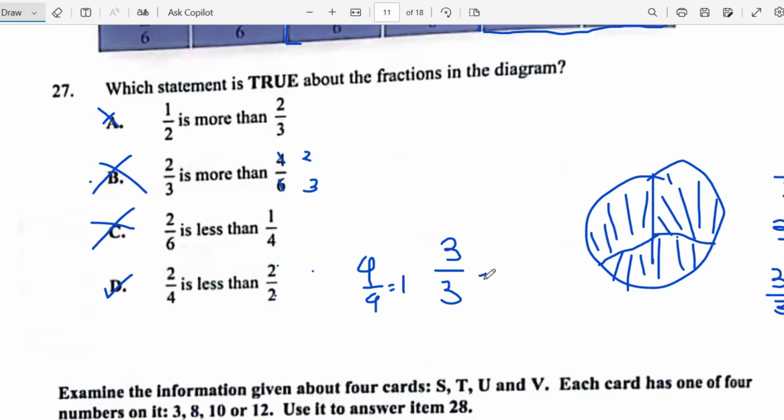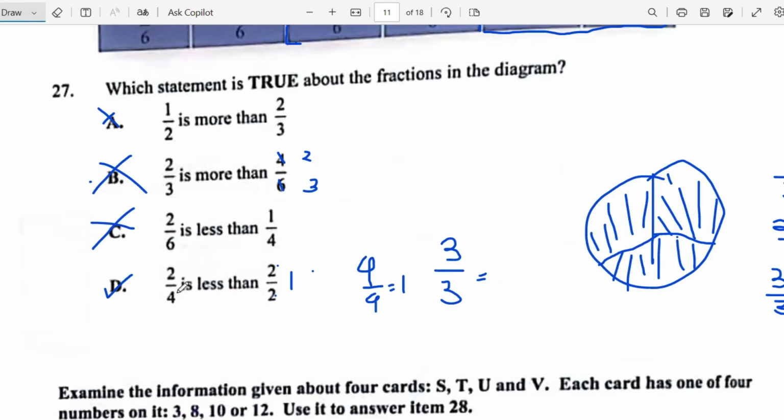And here's the demonstration. If I was to shade one part of the 3, that would have been 1/3. If I shade another part, this would be 2/3. And if I shade another part, this would be 3/3. And therefore, that's a whole, right? Because this is a whole diagram that is shaded. Now, if we don't know that, then we won't know that 2/2 is a whole.